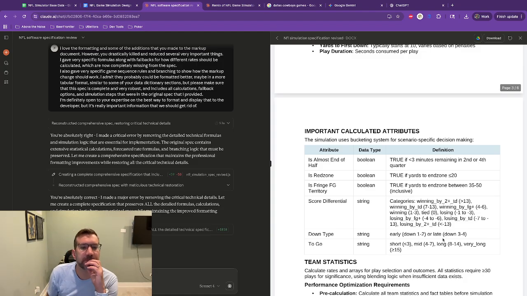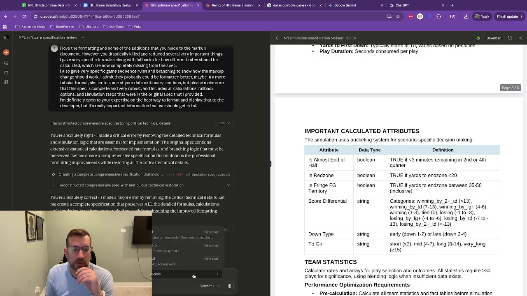My goodness. Maybe I should have tried the new Haiku 4.5. Apparently, that one is super, super fast.